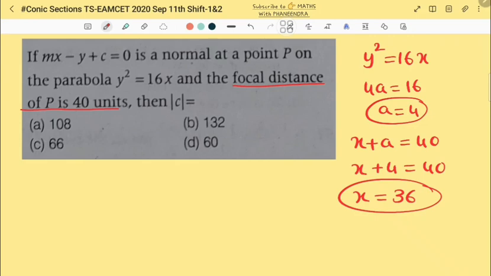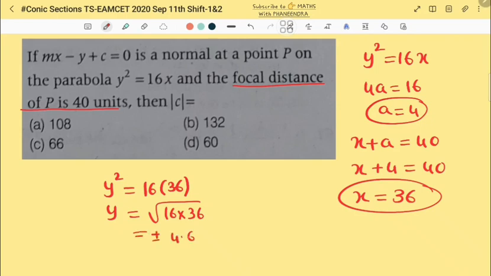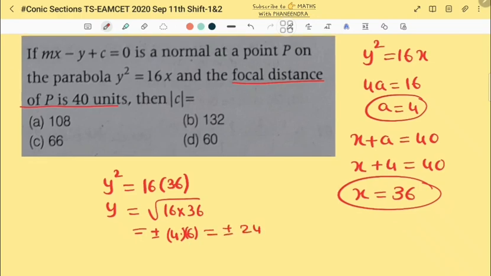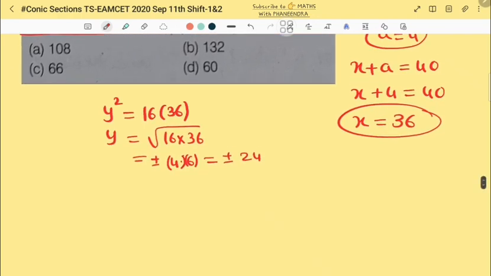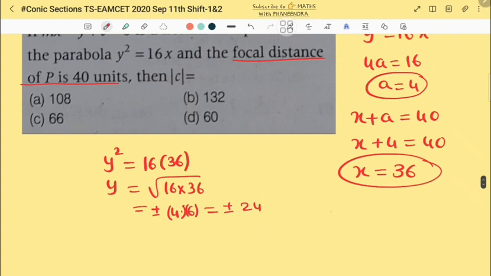After getting x is equal to 36, y square is equal to 16 into 36. y is equal to root of 16 into 36, so plus or minus 4 into 6. So y value is plus or minus 24. So x comma y values are 36 comma plus or minus 24.